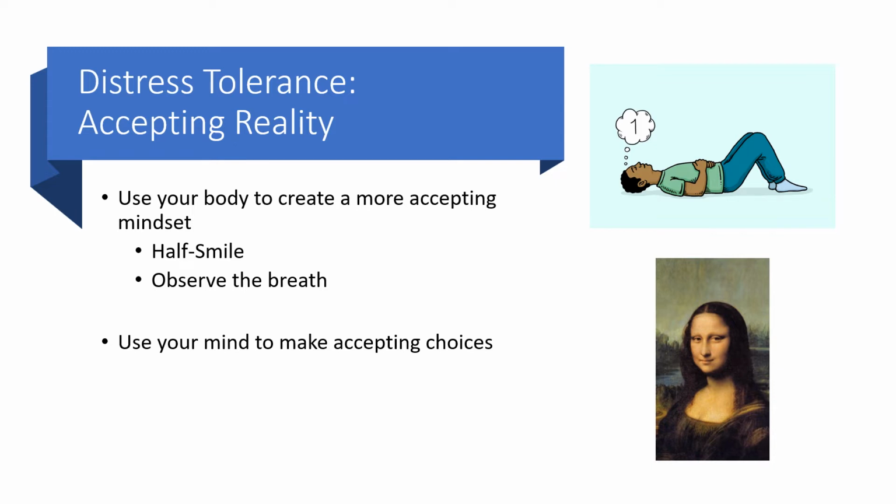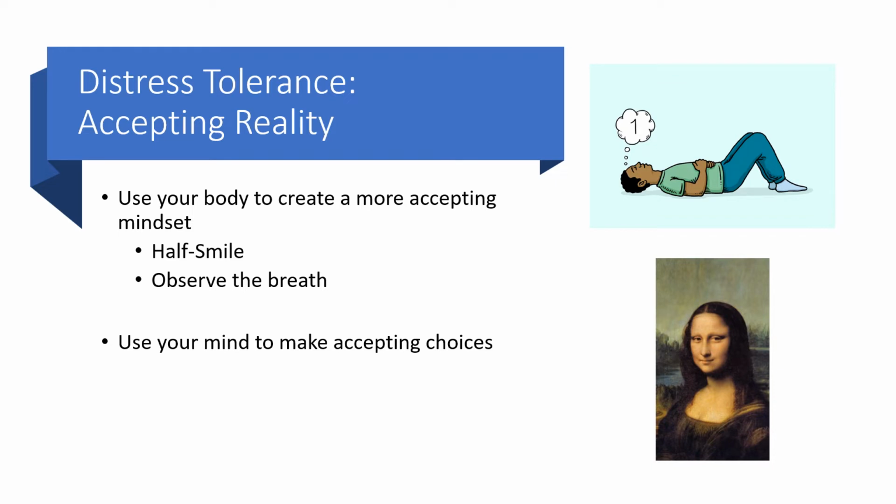Observing the breath is simply paying attention to your body's breathing. I like to use deep breathing for that, so breathing in through the nose and then out through the mouth, which we've talked about before, but you can use any sort of a breathing exercise. Some popular ones are square breathing, where you inhale and imagine your finger going up one side of a square. Exhale as you're going across the top of a square.